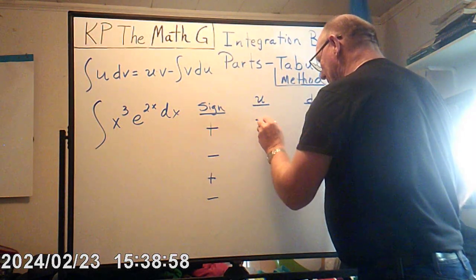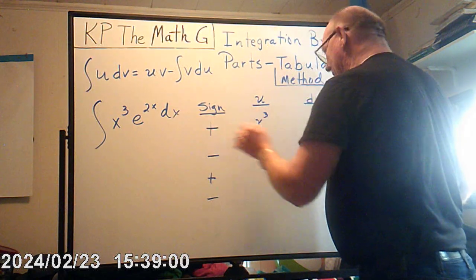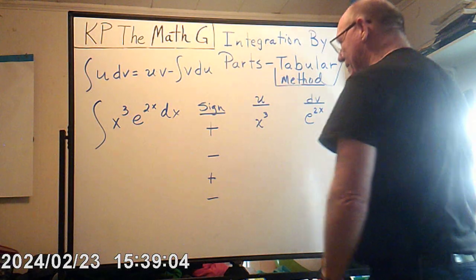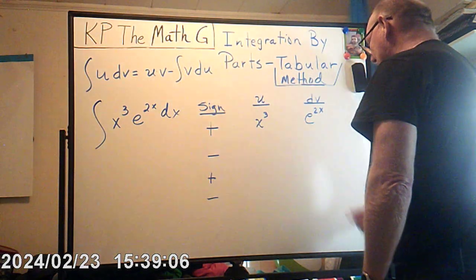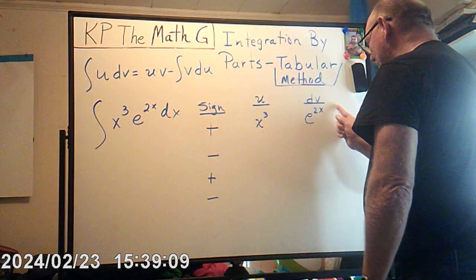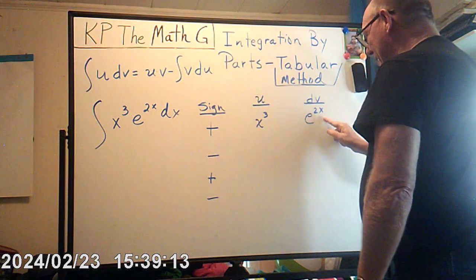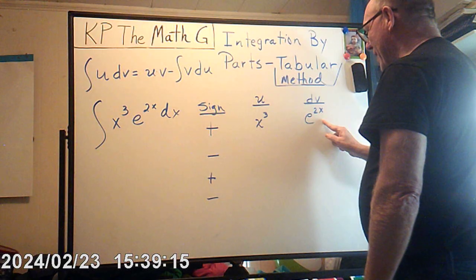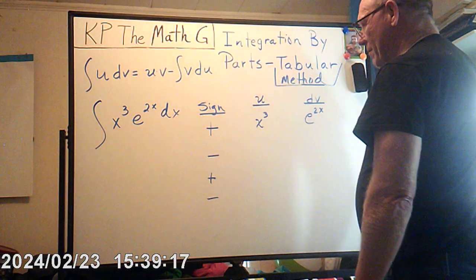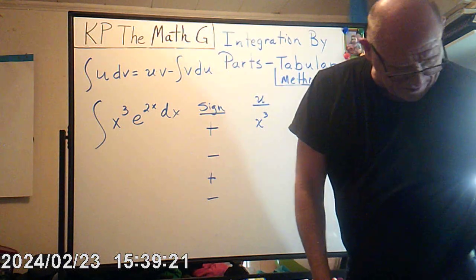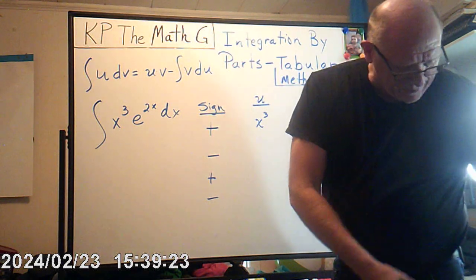This is x cubed, so dv is e to the 2x right here. That's actually dx. I know we always put dx on the end, but we're just going to leave it off.